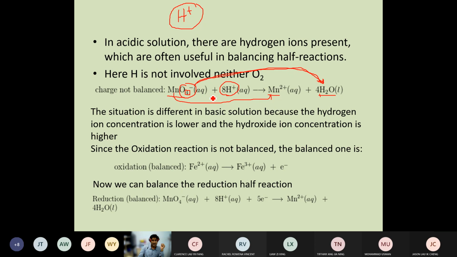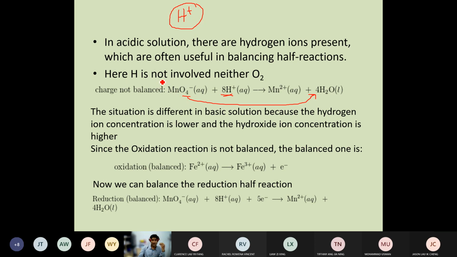So this way we can have a better picture of what is happening here: manganate ion is reduced to manganese ion 2 plus, and these 4 oxygens are converted to 4 water molecules, each of them containing 2 hydrogen atoms, so 4 oxygens will take 8 hydrogens, and we have to show these 8 hydrogens. Don't worry about where the hydrogen is coming from or whether I need to add anything.